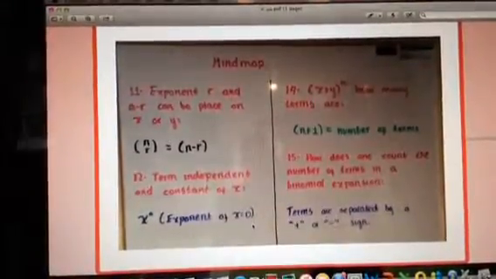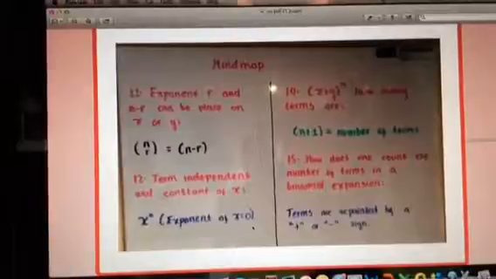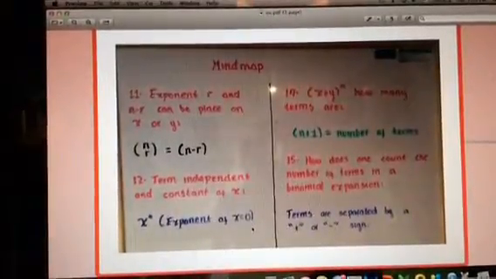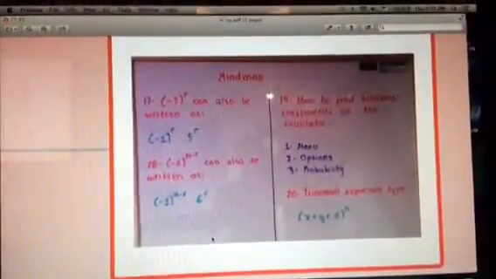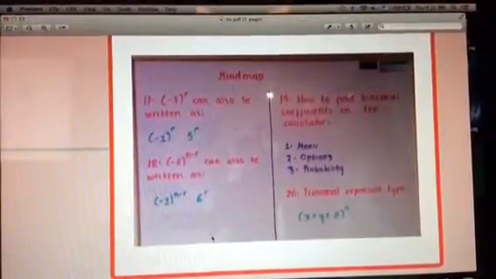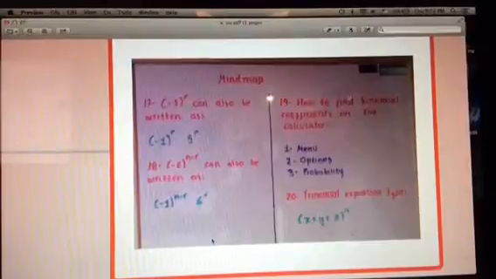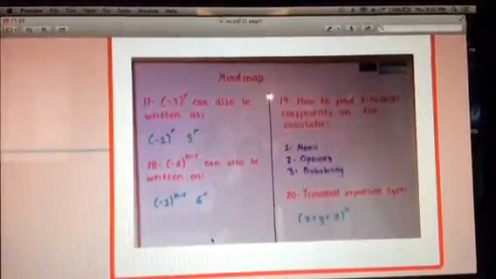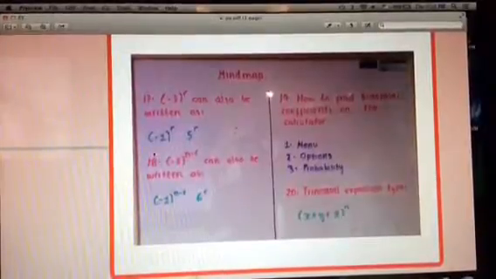How does one count the number of terms in a binomial expansion? The terms are separated by a plus or negative sign. It is important to take into account the negative sign in a binomial expansion. For this reason, I'm going to use some examples.